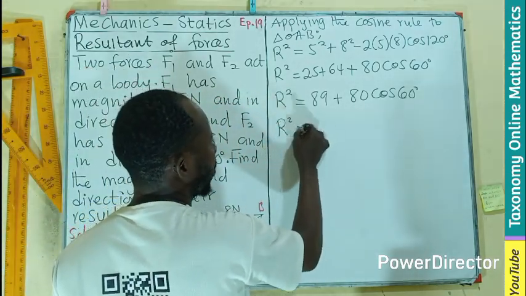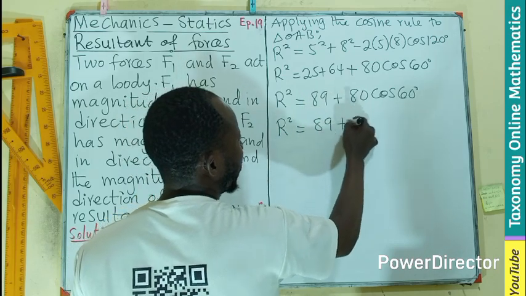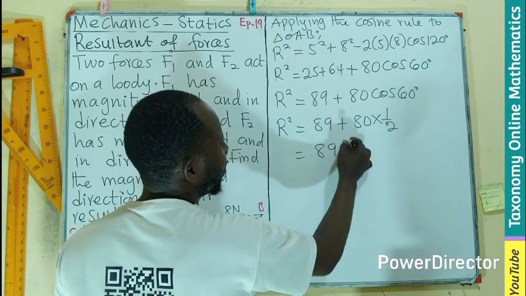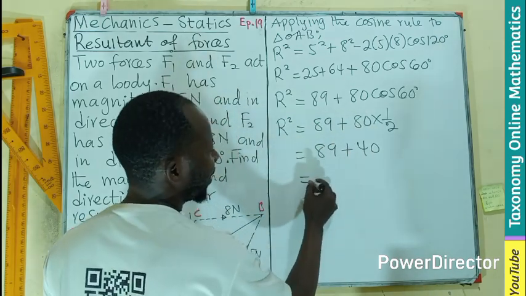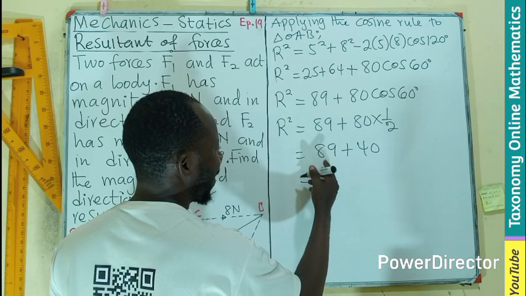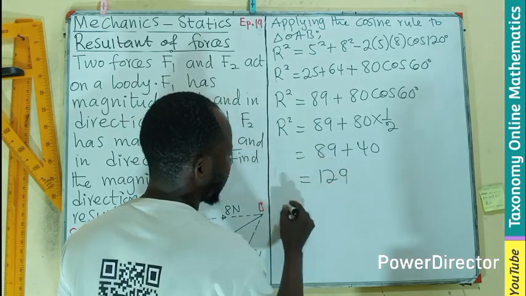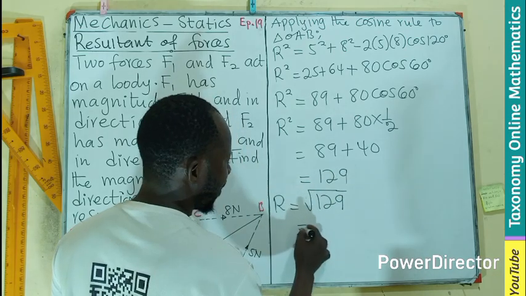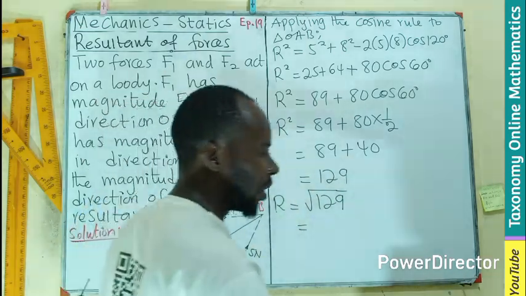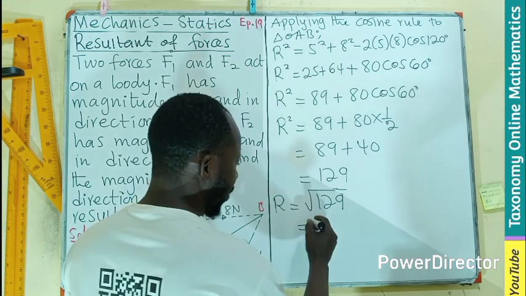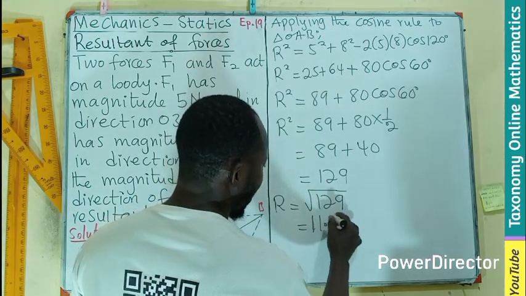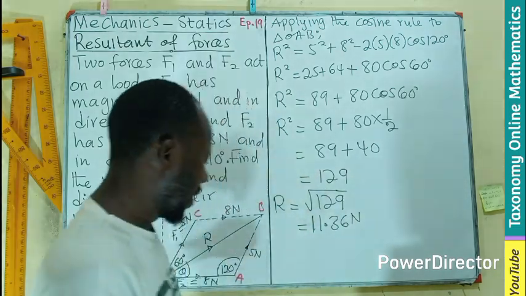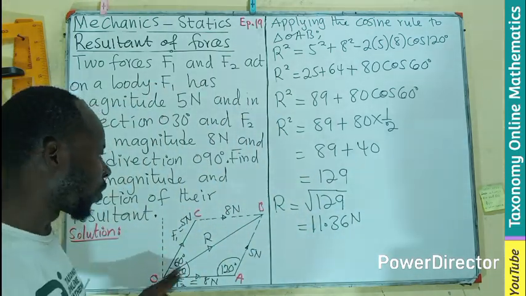So R squared equals 89 plus 80 times half, which is 89 plus 40, which gives 129. So your R will be equal to root 129. 121 would be 11, so 11 point something, and that will be giving you 11.36 Newton. So this will give you the magnitude of the resultant force.